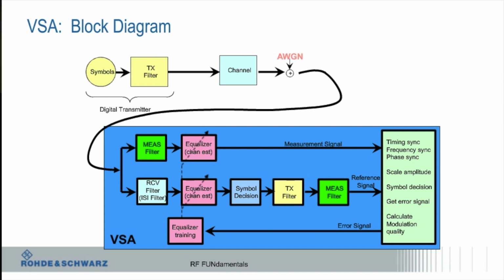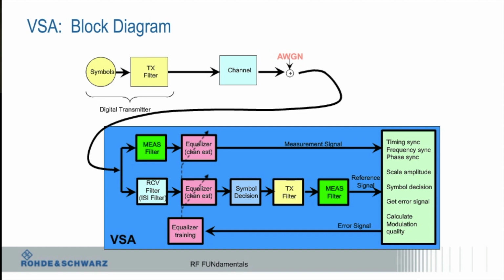So if I look at the different paths, there's the top path, the measure, filter, and equalizer. So this is doing channel estimation. So really that's the first thing you need to do to set those for everything else. So it's going to take that channel estimation, and it's going to continually try to keep improving that, right?